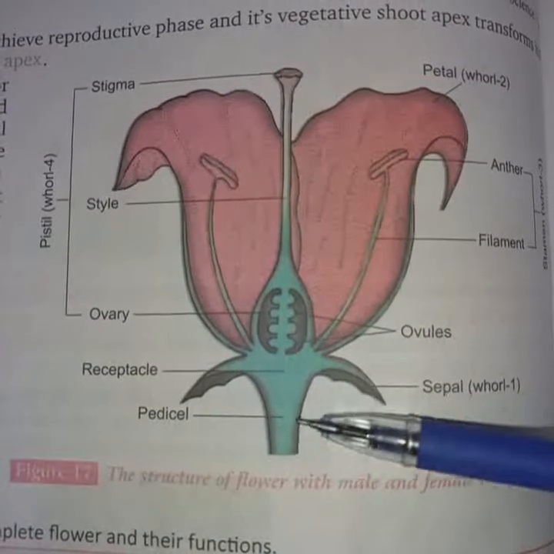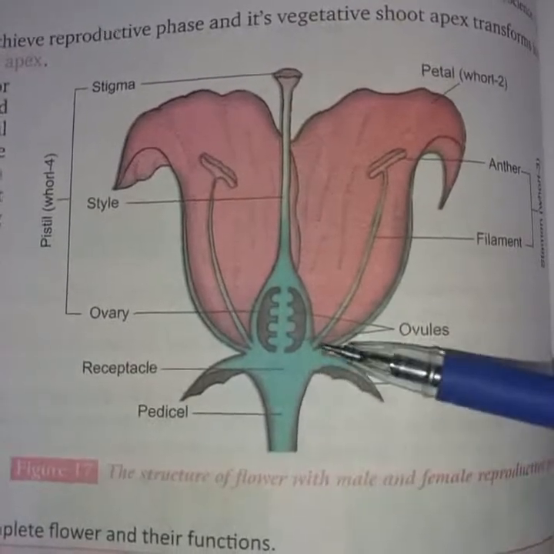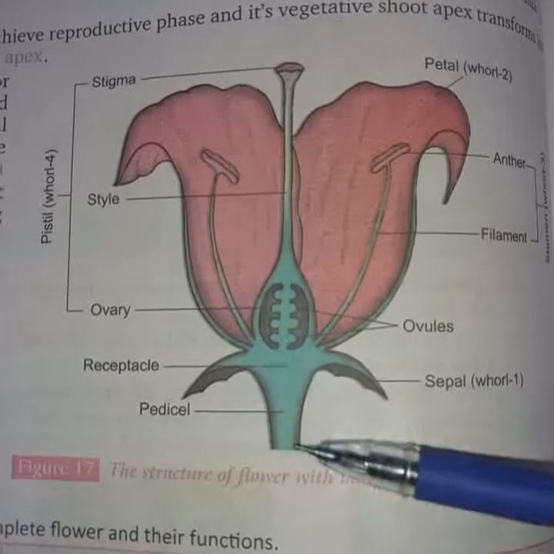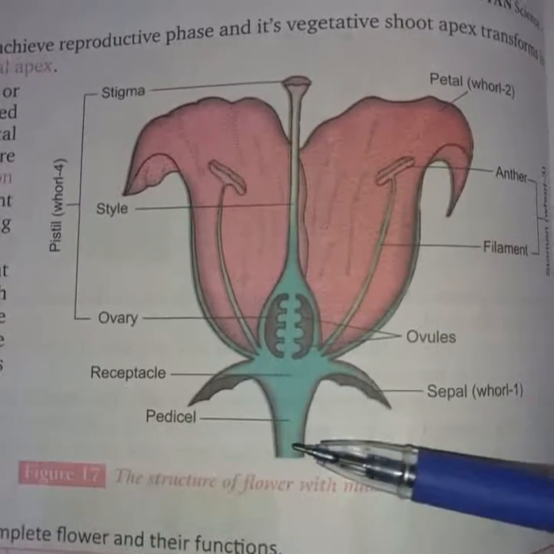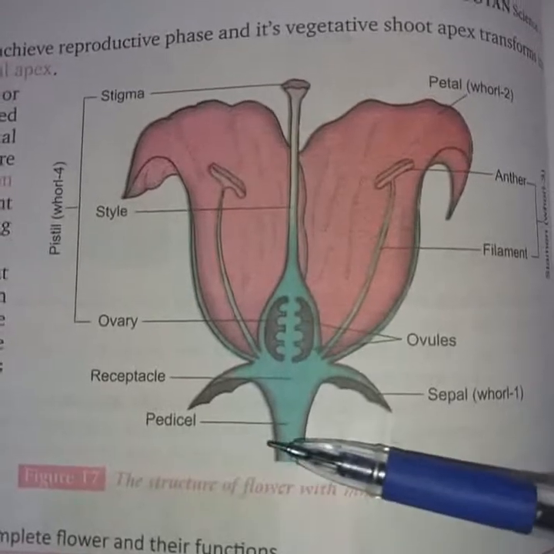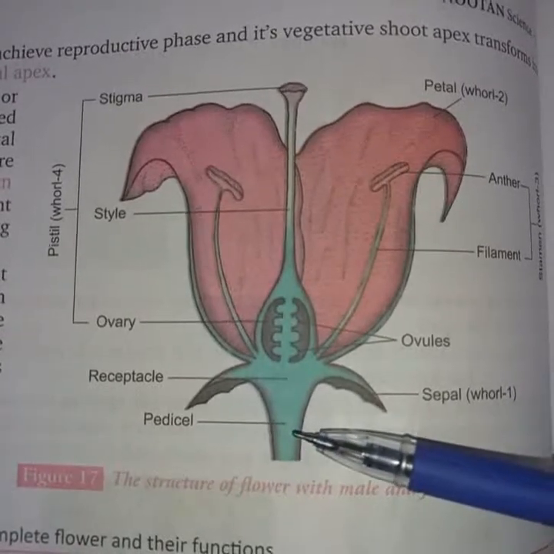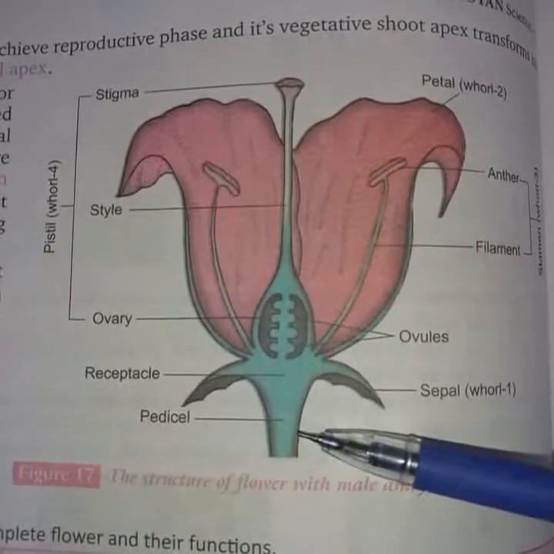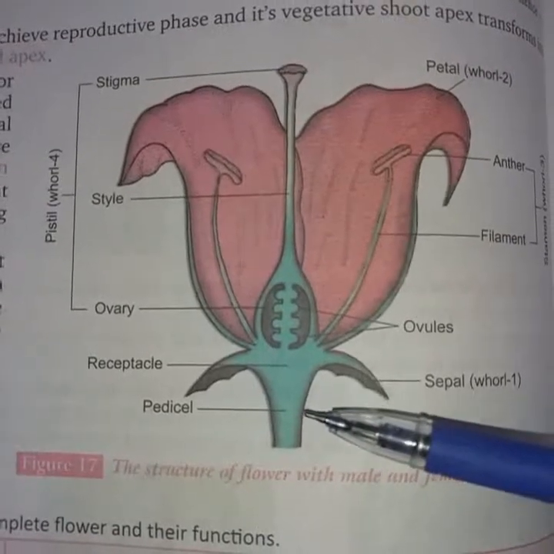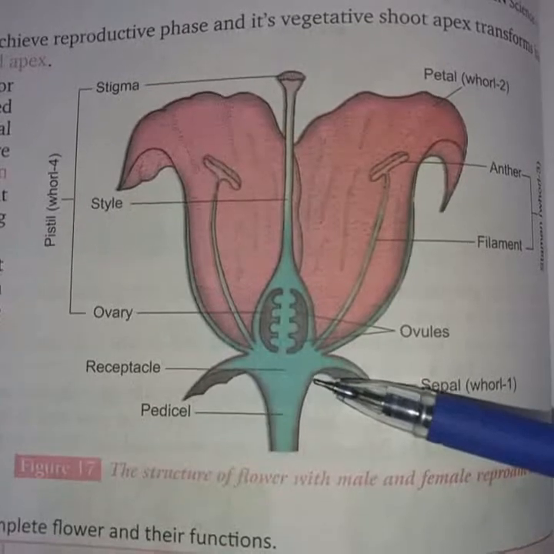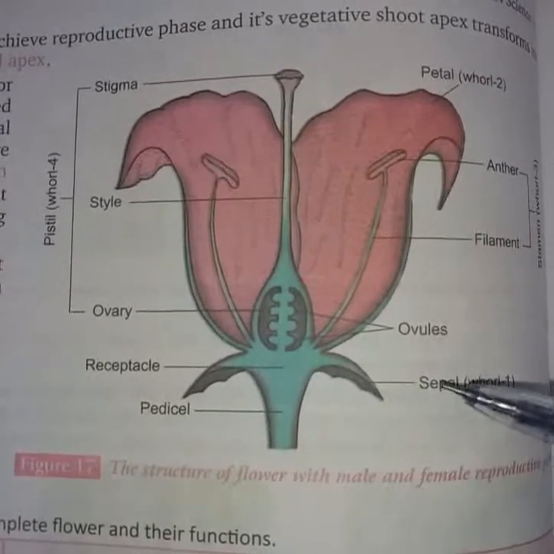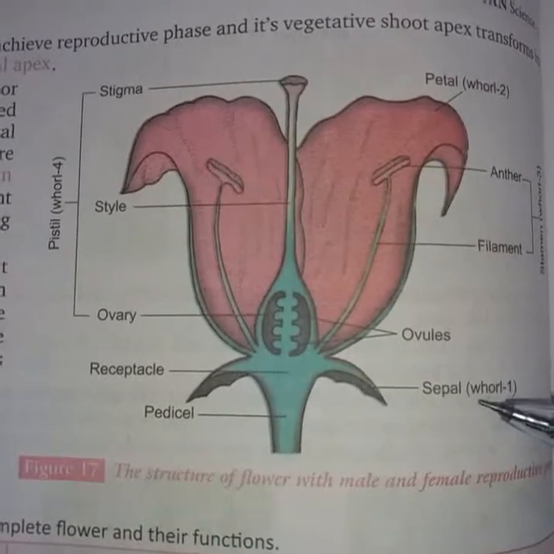First we see this green colored structure, which is the base of the flower. That's called the pedicel. The pedicel is the part attaching the flower to the plant. Above the pedicel are the sepals.